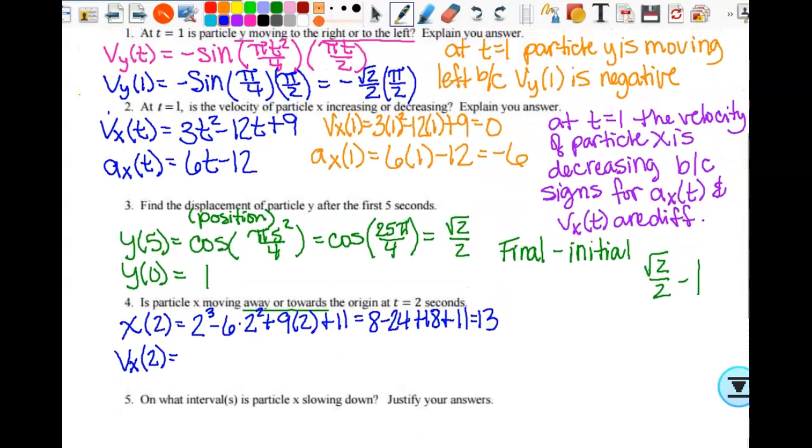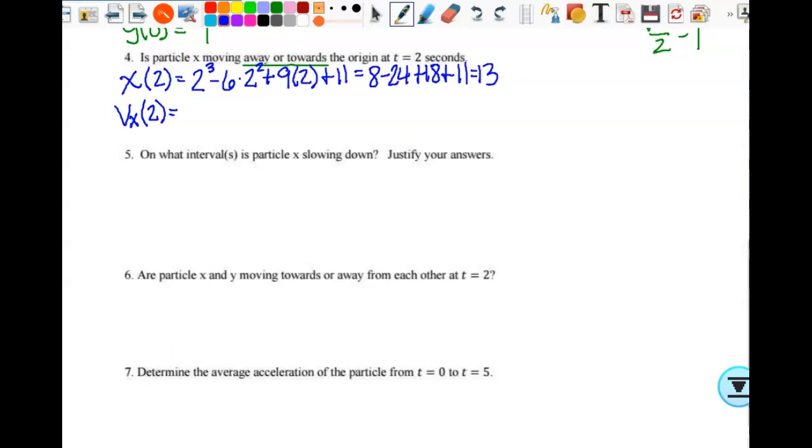Okay, sorry. Making sure that we had actually done it and I wasn't making things up over here. Then this is going to be 3 times 2 squared minus 12 times 2 plus 9. Should give me negative 3.